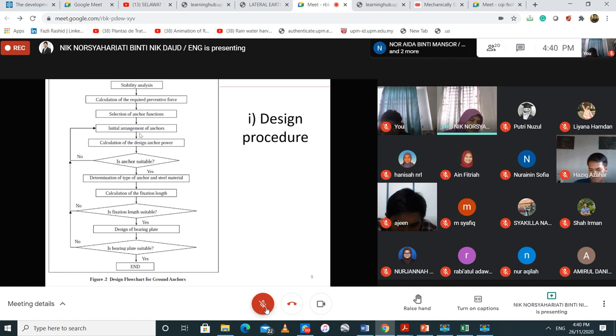Alright. So it's not about the anchor itself. You need to know about the length of the anchor, panjang punya ni, and then also the bearing plate of the design. So each of it have the calculation. You don't have to, itu nanti saya akan detailkan.